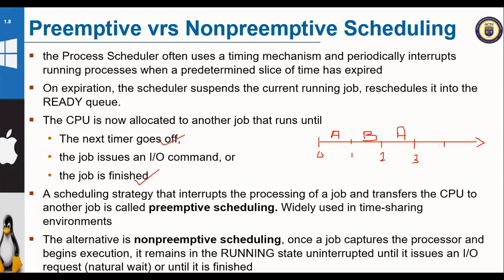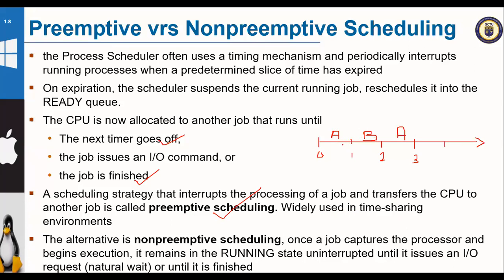Now, let's come to preemptive and non-preemptive. A scheduling strategy that interrupts the process of a job and transfers the CPU to another job is called preemptive scheduling. So in this scenario that I have painted here, even though A has not completed its execution, when the timer goes off, B is brought into the CPU.